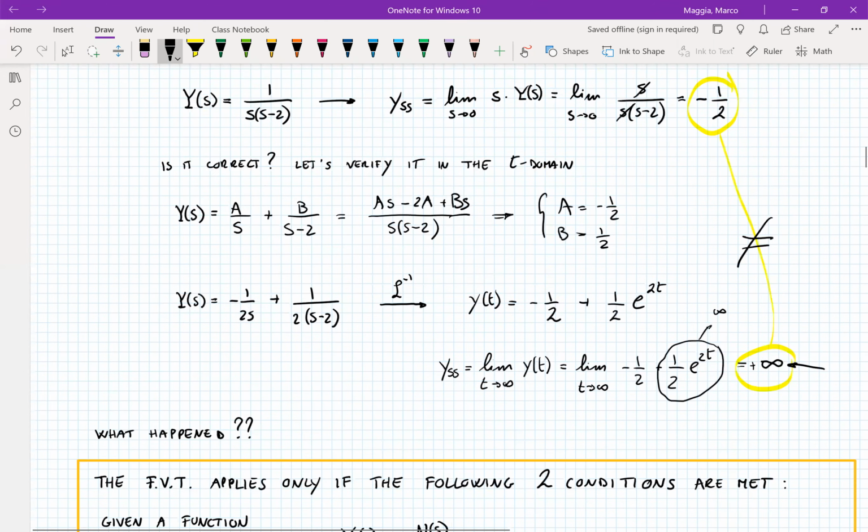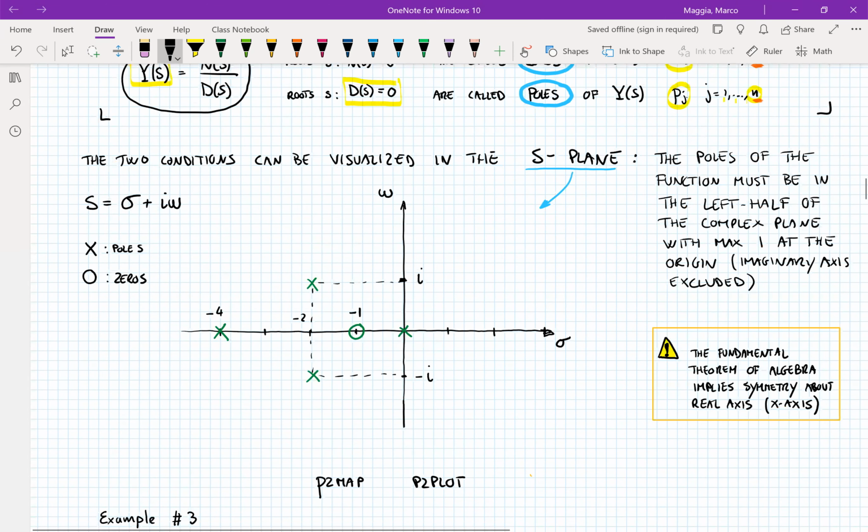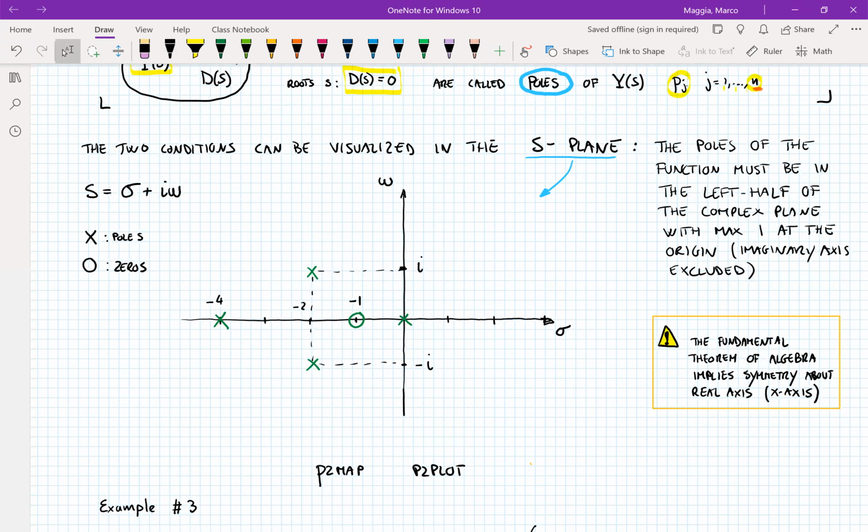Lastly, we can also plot the zeros and the poles of the second function in the s-plane. In this case, we don't have any zeros. We only have 2 poles, one at the origin, so this overlaps, and the other one is at +2.